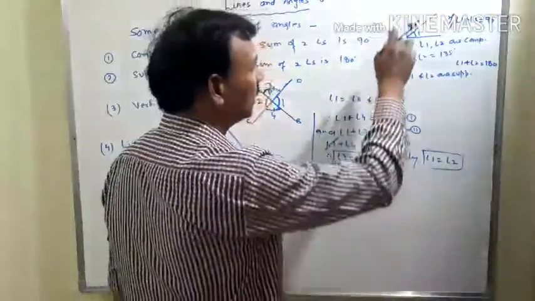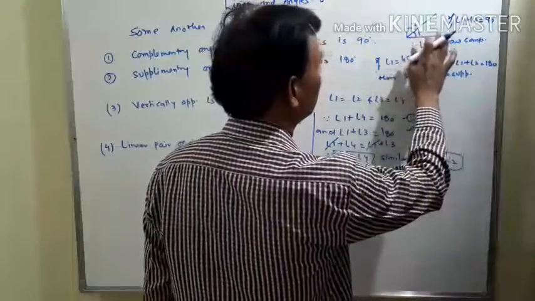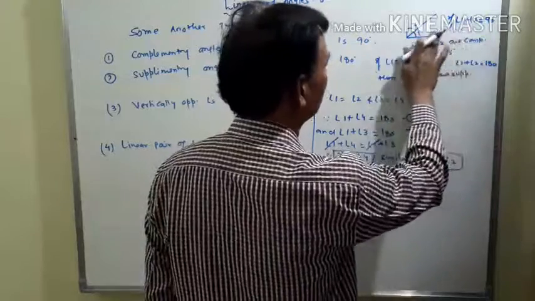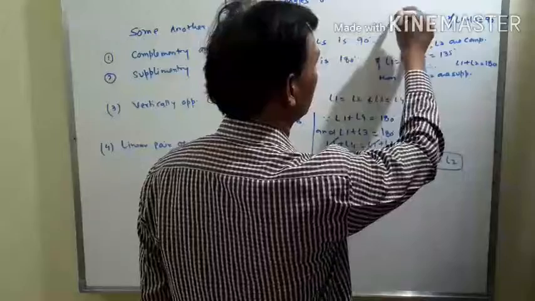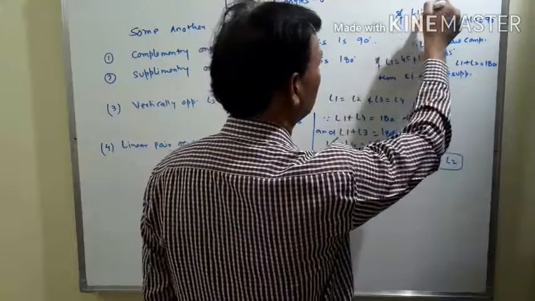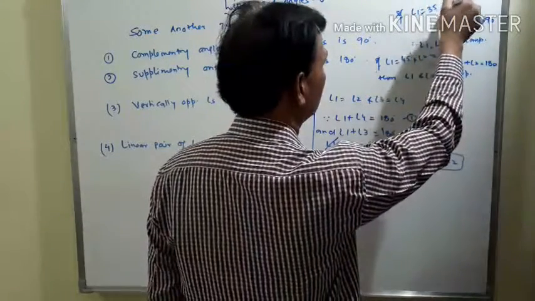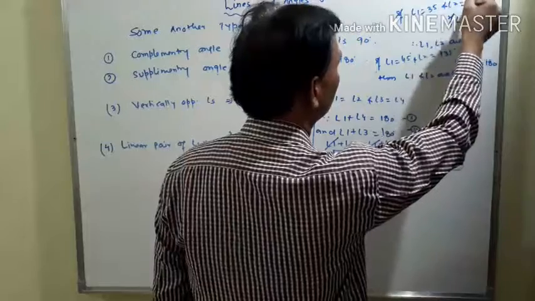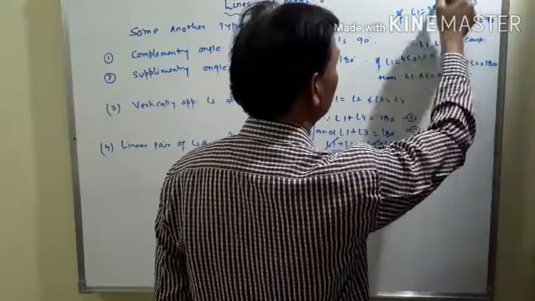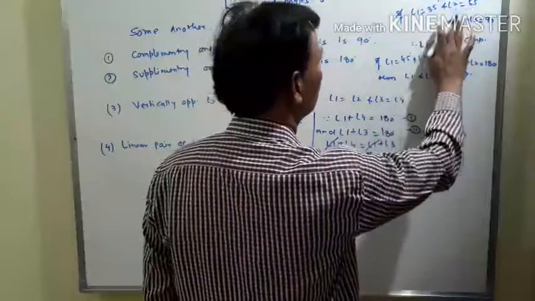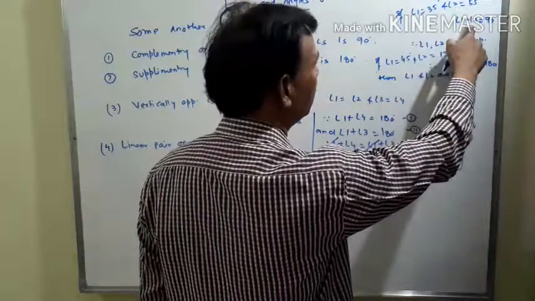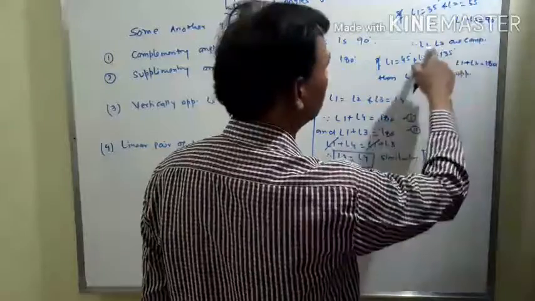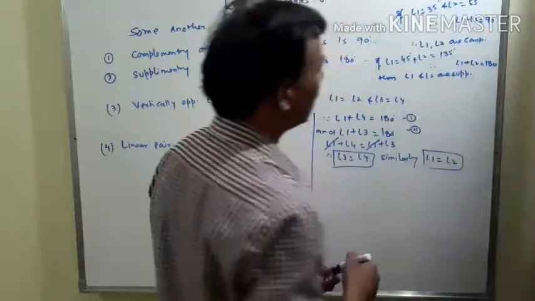And here also, angle 1 plus angle 2, that means if angle 1 equals 35 and angle 2 equals 55 degrees, therefore angle 1 plus angle 2 means 35 plus 55, this will be 90, therefore angle 1 and angle 2 are complementary.